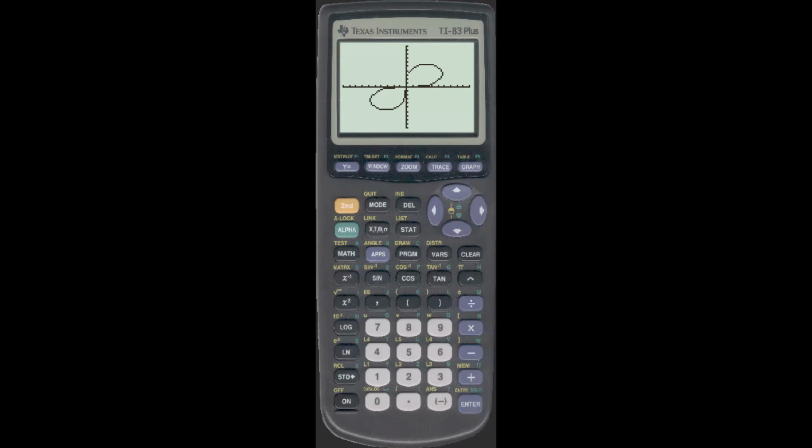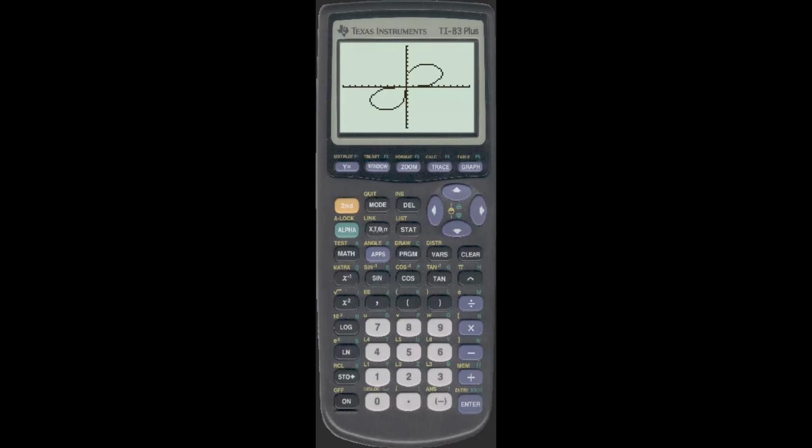Now, what is the name? That's a reference sheet. These all have names. Let me look them up. There's the lemniscate, cardioids, limacons, lemniscates, rose curves, Archimedes spirals. There's a lot out there. You need a reference sheet, so let me find one here.